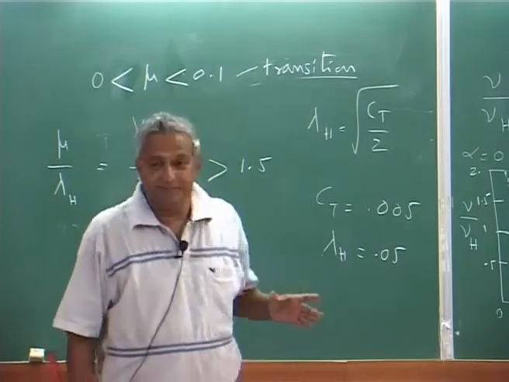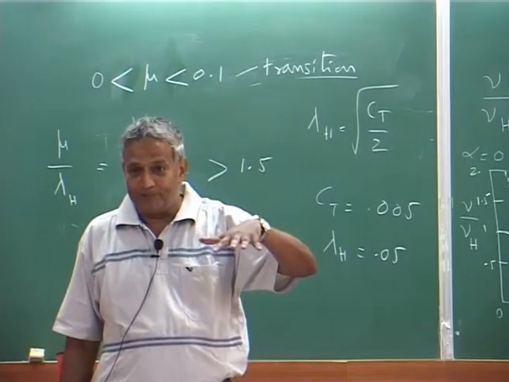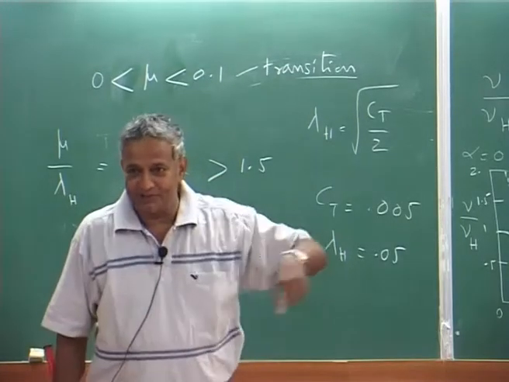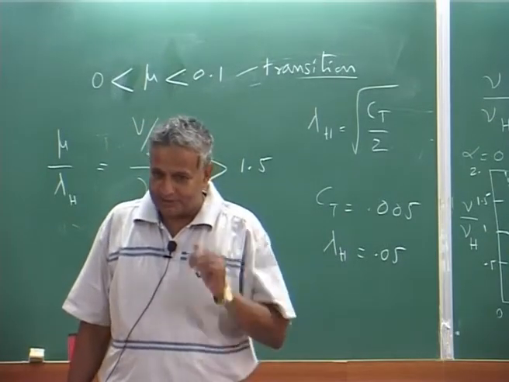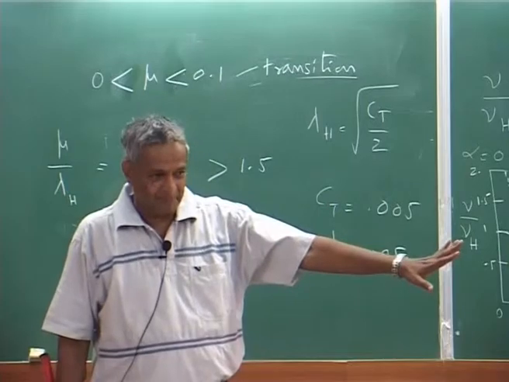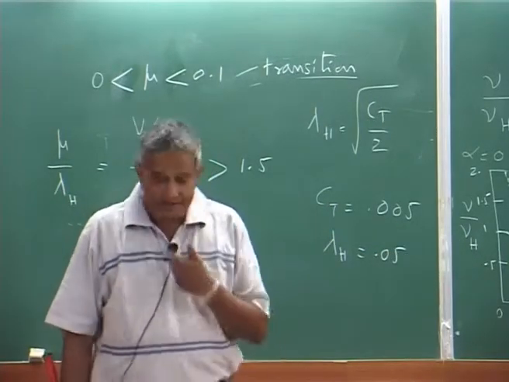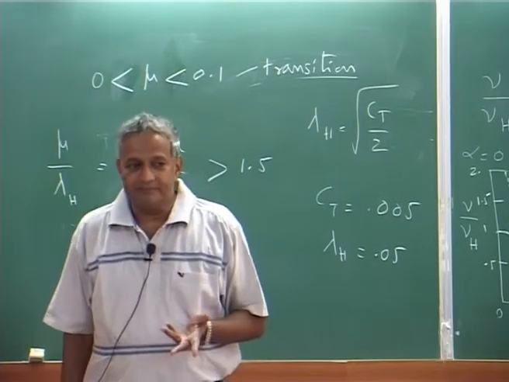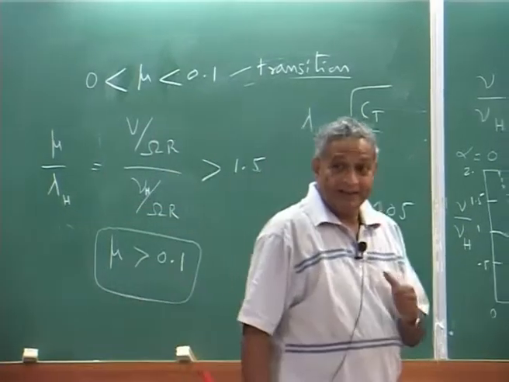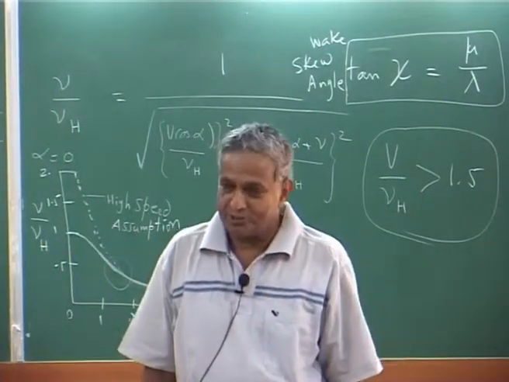Our assumption of uniform inflow over the entire disc is not really valid, because you have done one homework. Even in the hover case it is not, but in forward flight it is even less so. Now how do we get the varying inflow in the rotor disc?